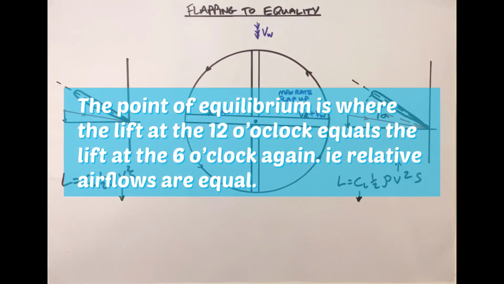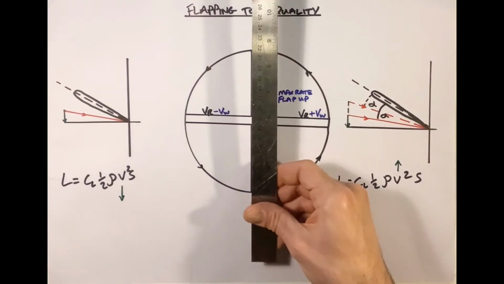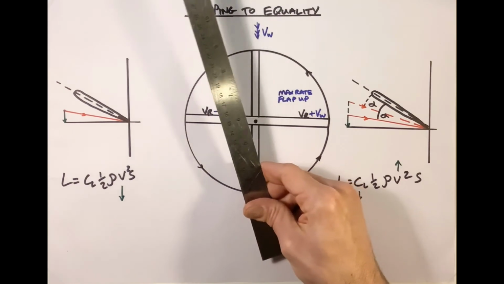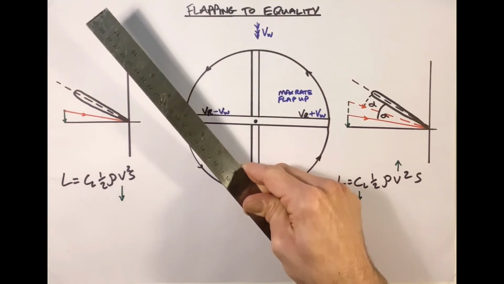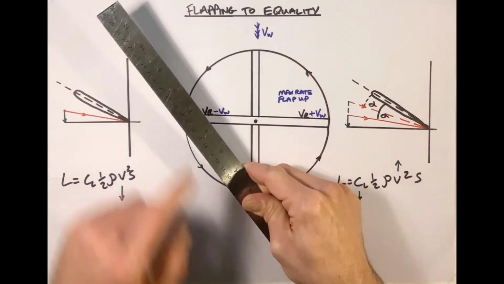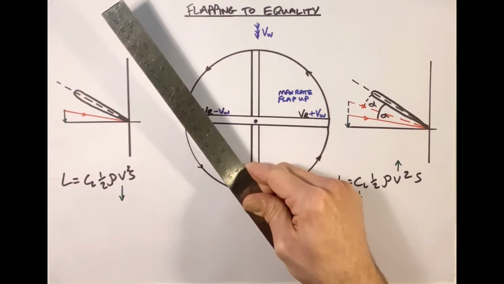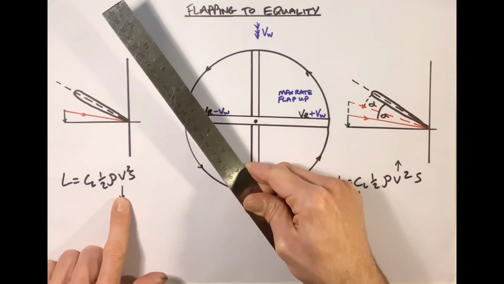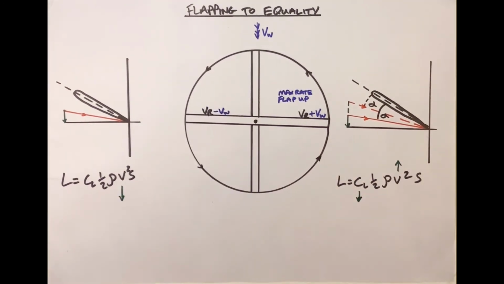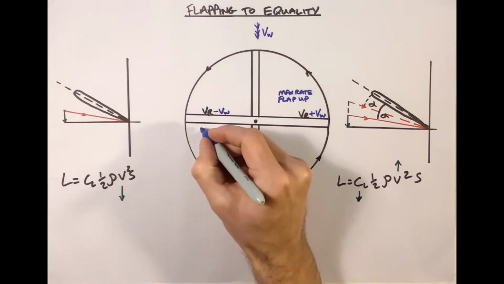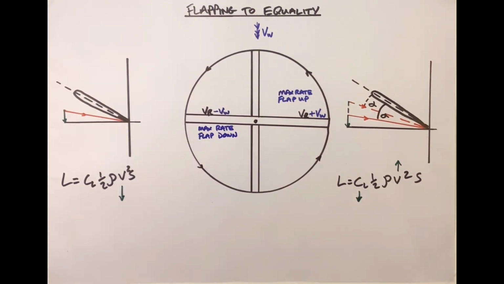The exact opposite can be seen on the retreating side. So as the blade comes through the 12 o'clock, as soon as it starts to come towards the retreating side, towards the 9 o'clock, you can see we're getting more and more of the effect of the airflow behind it, which is going to reduce that velocity, and we'll have the same issue. But in this case, we'll have max rate of flap down.